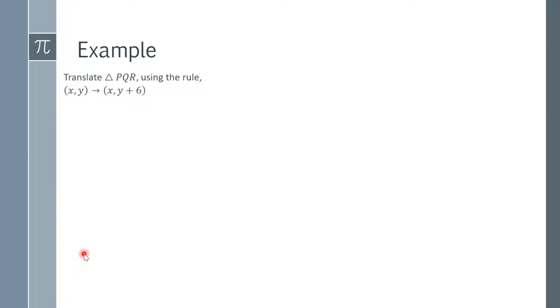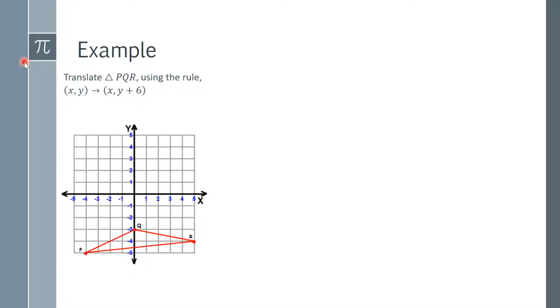So let's take a look at an example here. We're going to translate triangle PQR using the rule (x, y) goes to (x, y + 6). X doesn't change, but for Y we're going to add 6. So here is our image. Since we're just adding 6, this object will move up 6 units.